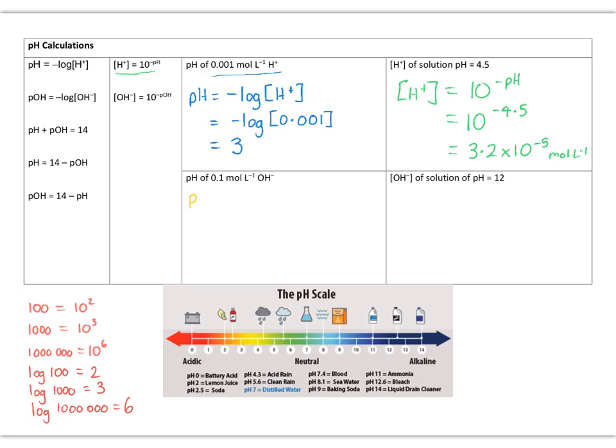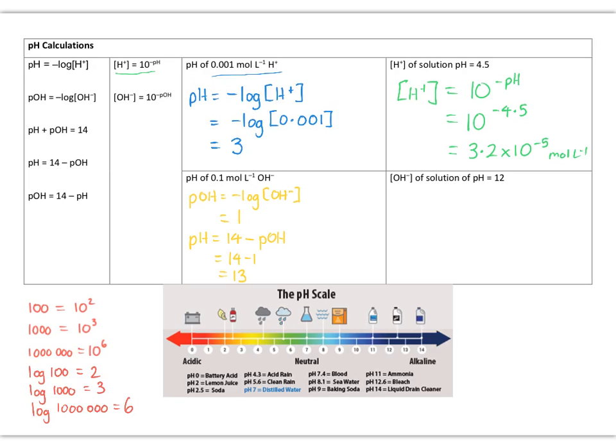So the pOH in this case is equal to minus log to the base 10 of the hydroxide ion concentration, which in this case is equal to 1, and then pH is equal to 14 minus pOH, which is equal to 14 minus 1, which is equal to 13. Hopefully that's reasonably self-explanatory.